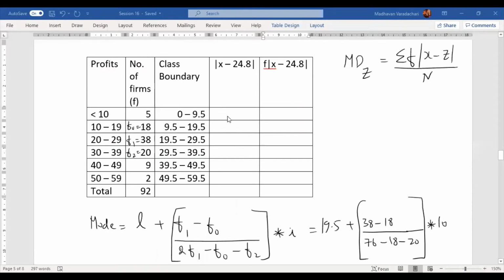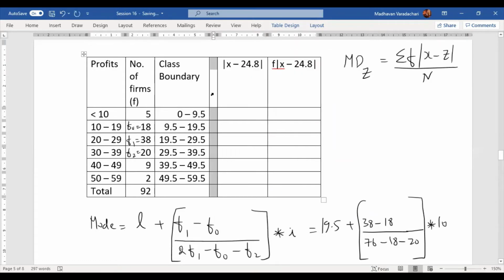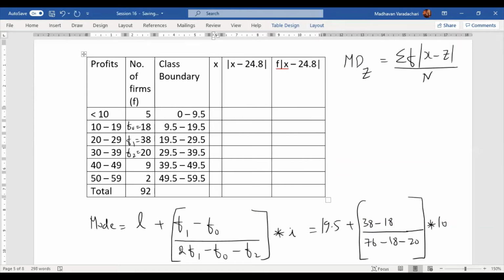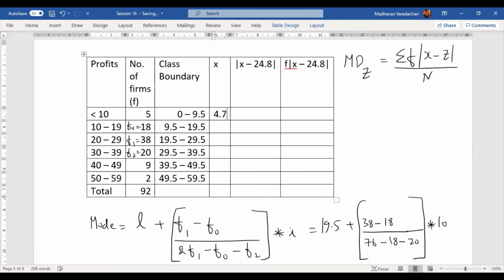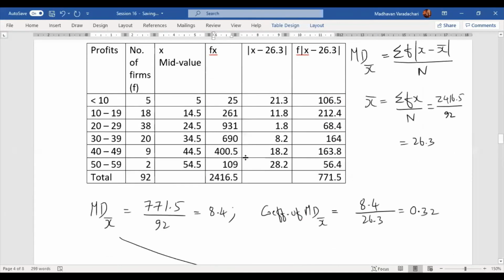So we have to now calculate this x minus 24.8. I didn't write a column for x. Let me write a column for x. Here we'll have x. X is the middle value. Here it is 4.75. Here it is, what is that? I think it is the same, no? Whatever it was.